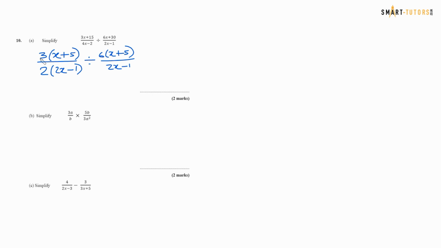So division, we can convert that into a multiplication by flipping the right side of the fraction. So 3 times x plus 5 over 2 times 2x minus 1, times 2x minus 1 over 6 times x plus 5. x plus 5 cancel, 2x minus 1, 2x minus 1 cancel, and 3 1s and 3 2s.